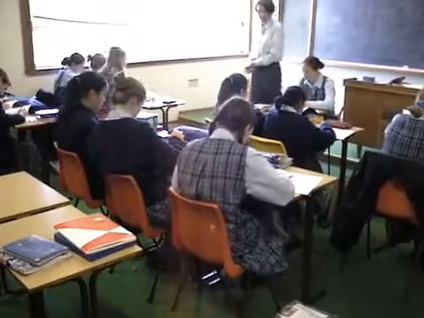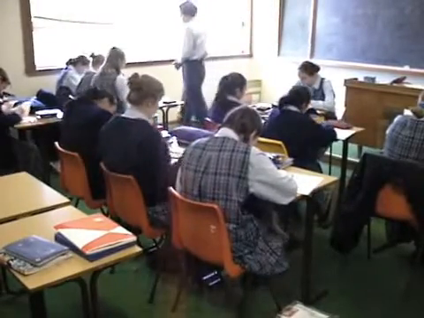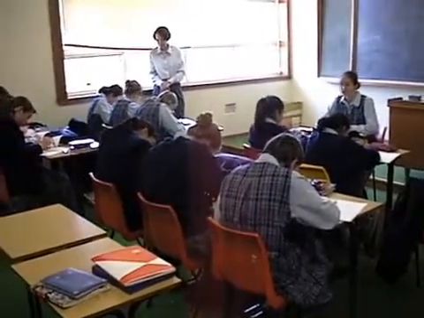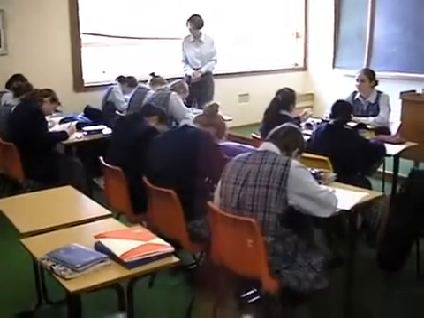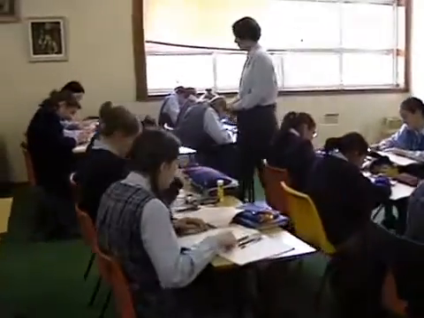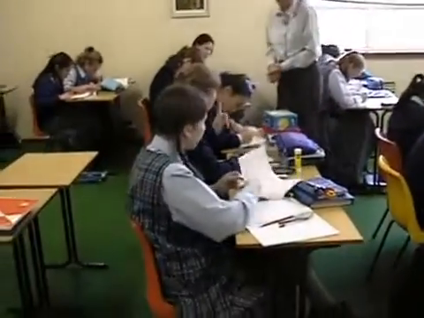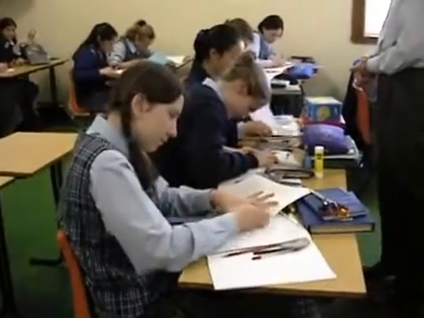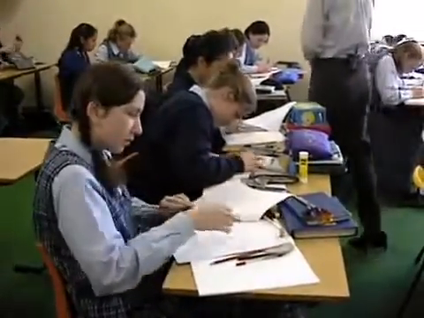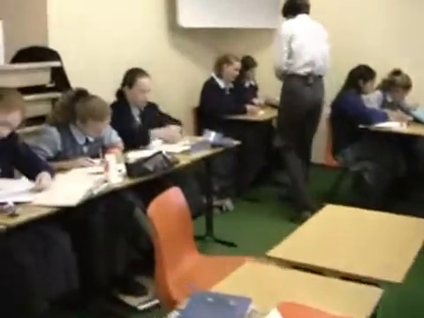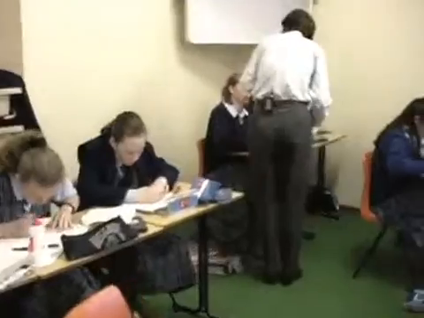Alright. Just one triangle. Draw the triangle. Yeah, you use your protractor and your compass to draw the triangle.